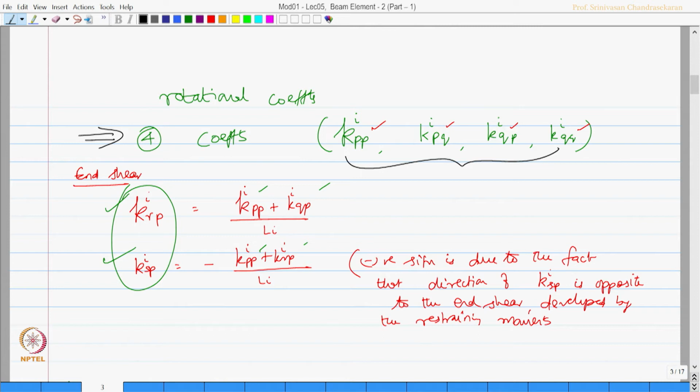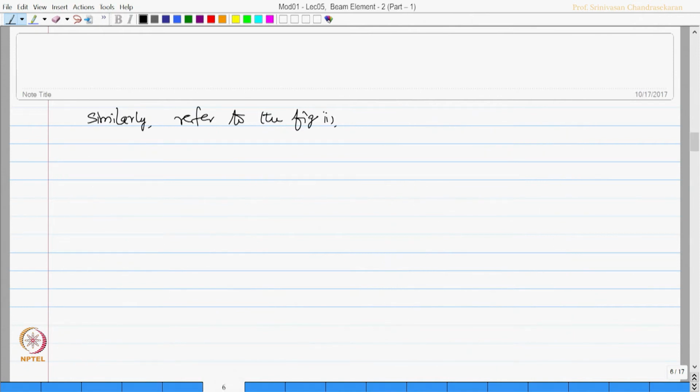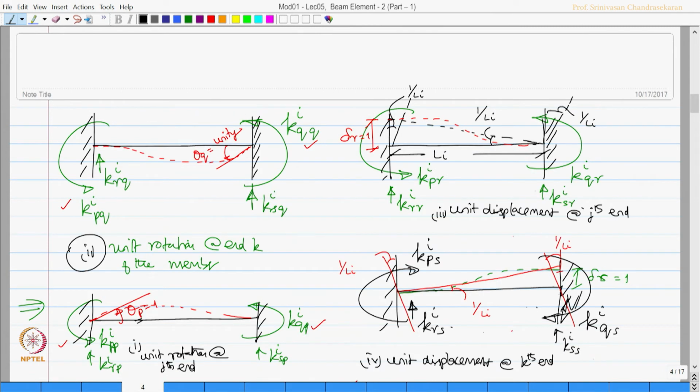We can extend the similar logic further, similarly referring to figure 2, which causes unit rotation at kth end. You can see here unit rotation at kth end, okay.